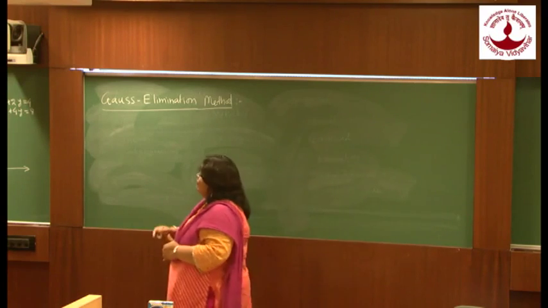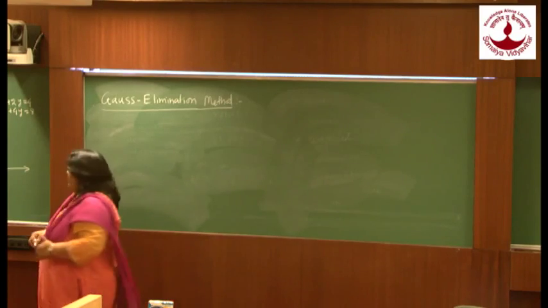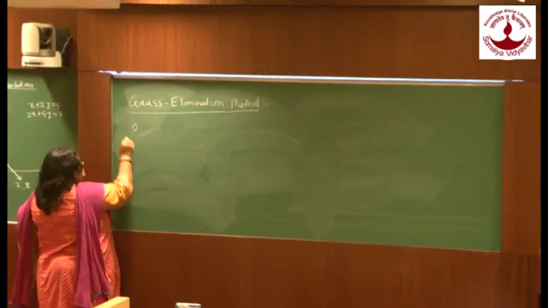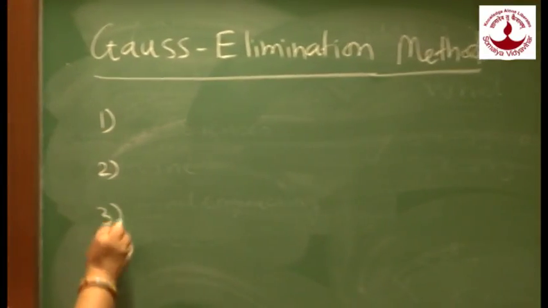Now, talking in terms of matrix representation, we have these three operations, called elementary row operations.